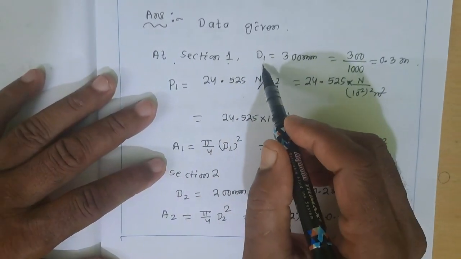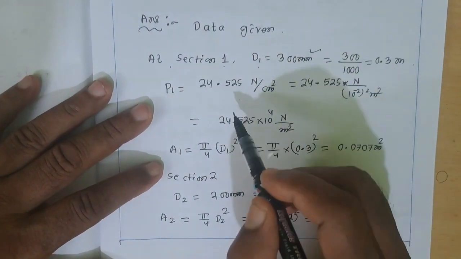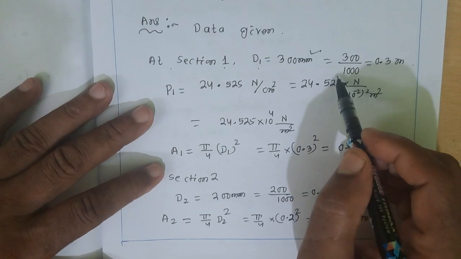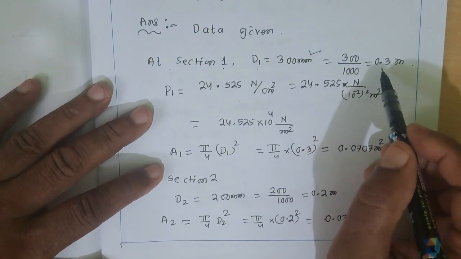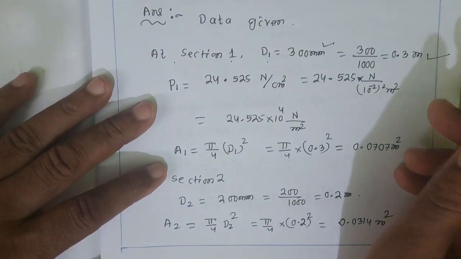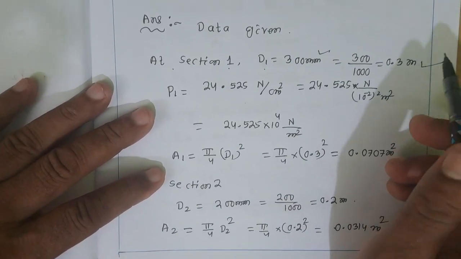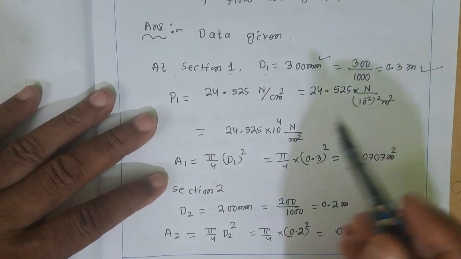Now D1 is equal to 300 mm is equal to 300 divided by 1000 is equal to 0.3 meter, because 1 meter is equal to 1000 mm.